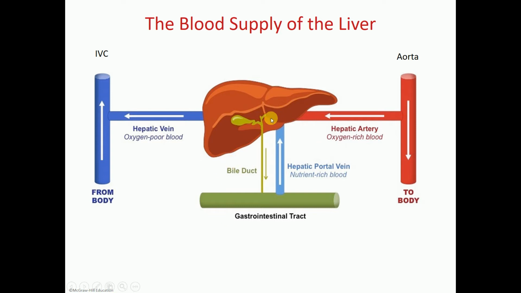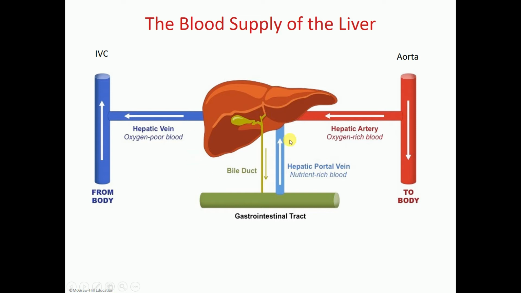All of these 2 blood vessels are going to give out different branches. The blood is going to mix together, and the liver cells, known as the hepatocytes, are going to use that blood in different things in order to perform the function of the liver.